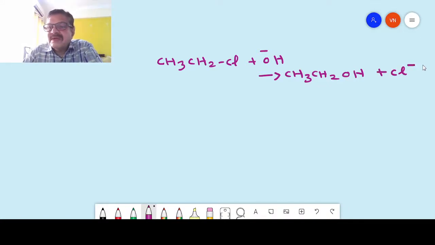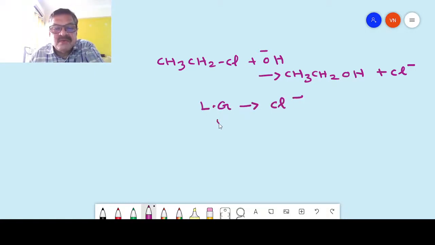Now we have to see whether this reaction will proceed in the forward direction or the reverse direction, whether it will favor the formation of the products. How will you see that? Compare the basicity of the nucleophile OH and the leaving group. The leaving group is Cl minus, and the nucleophile is OH minus.